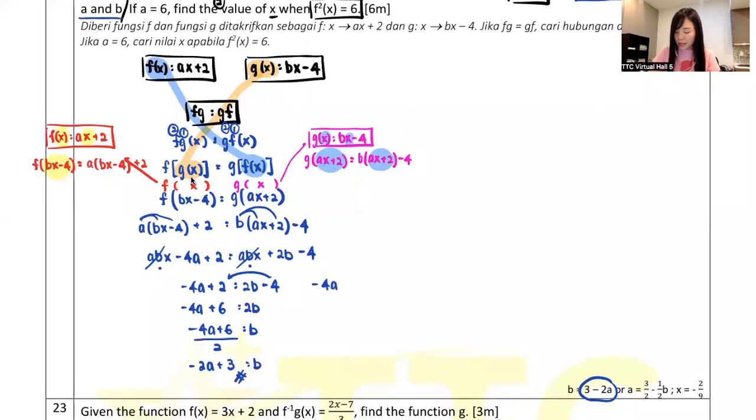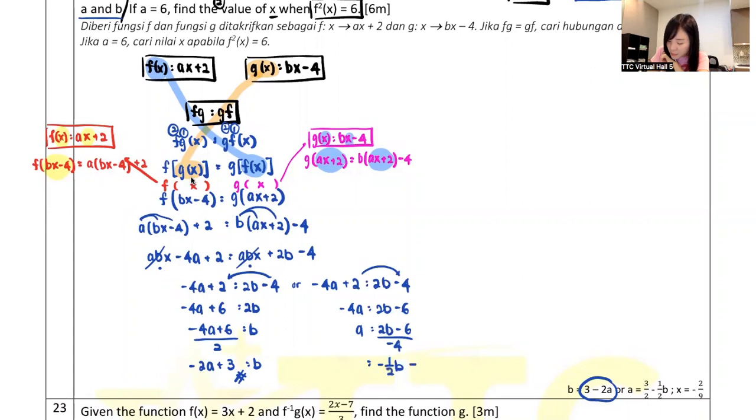And my dear, for those who insist on getting single A, I show you. If you want to get A, you will move away the 2 instead. Plus 2, move it over, minus 2. Minus 6. Then this one, times negative 4, move it over, divide by negative 4. Remember, it's everything divided by 4. 2 divided by 4, 1 over 2. 6, negative, negative, positive, 6 divided by 4, 3 over 2.